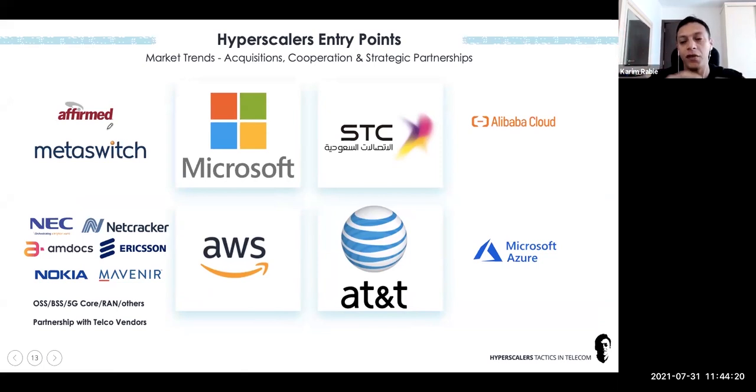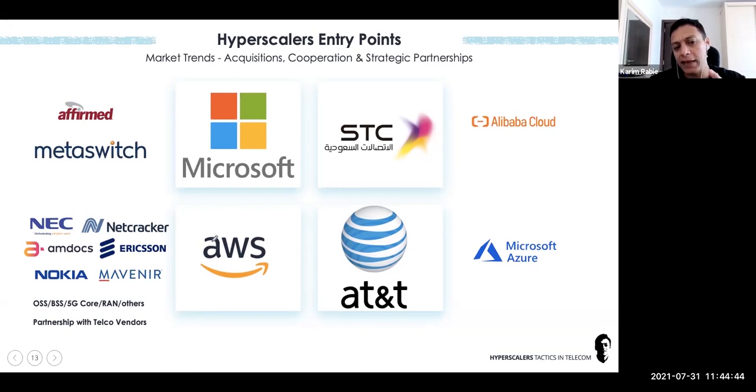They can offer anything in a box. If you get Azure for Operators, you get our full stack of core functions, of cloud native functions, and that's what helped them with AT&T, because AT&T already had Affirmed and Metaswitch, so that's what made the deal easier.